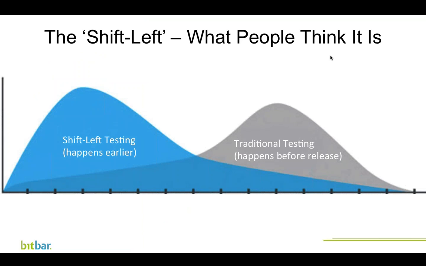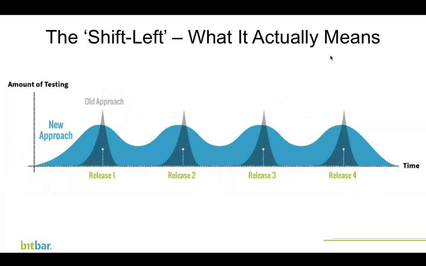So when we say shift left and shift left testing, this is what people think shift left testing is. They typically think that shift lefting means that you push all the testing effort at the beginning or very early stage of the development, when actually more traditional testing happened before the release. And when the release came up, you kept going and testing even when it was already published and out. How we actually see this shift left is more like a different approach.